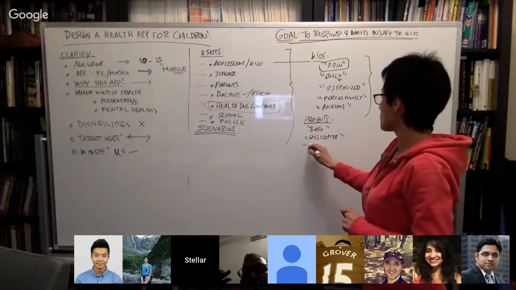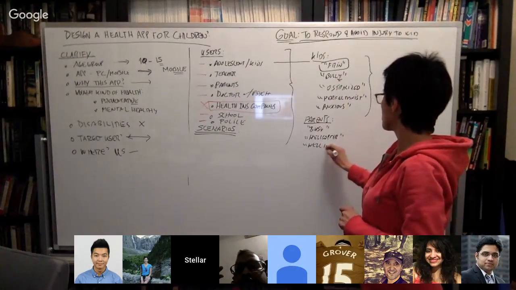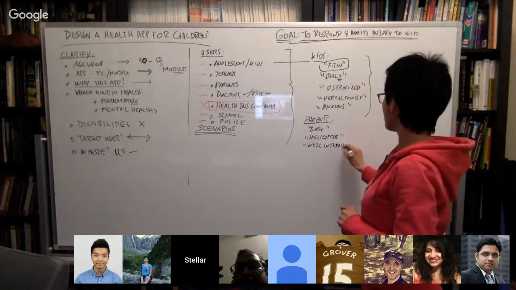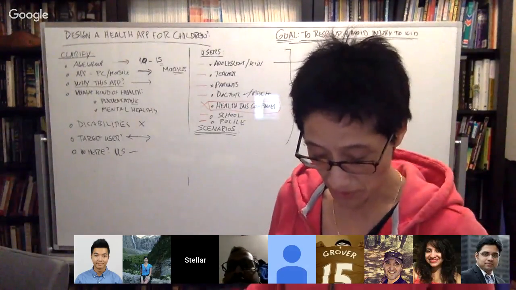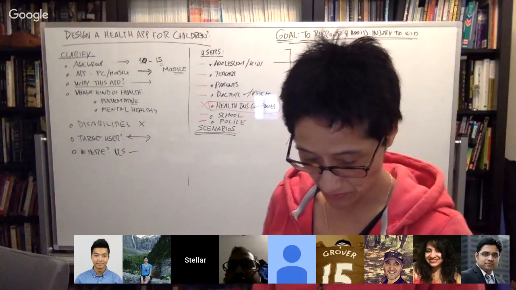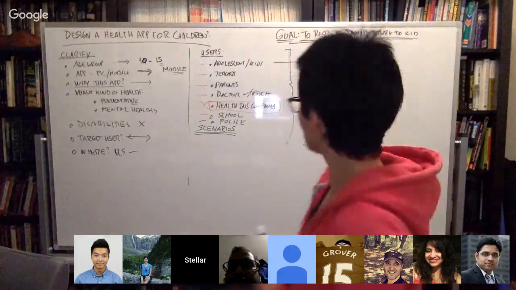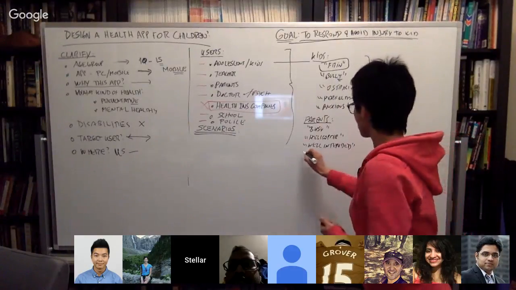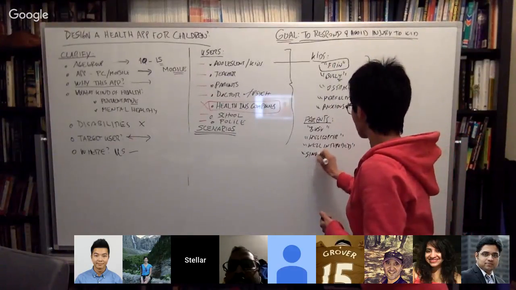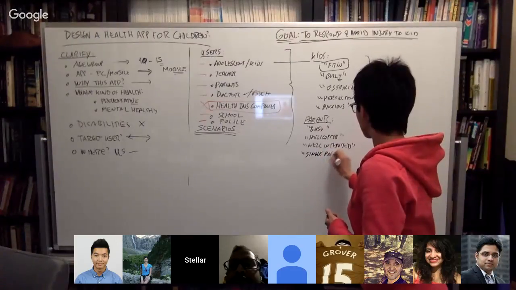I'll put here also the well-intended, but does harm. Like parents that are not aware of the junk that their kids are eating, and they give them junk at home. What else? Single parent, basically.